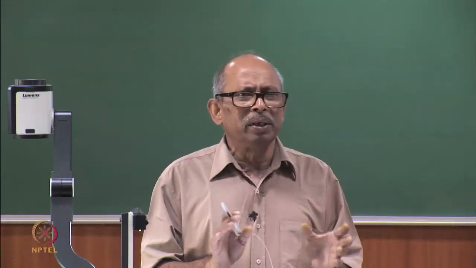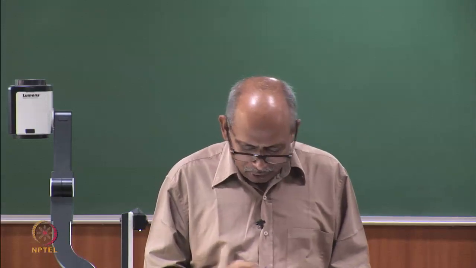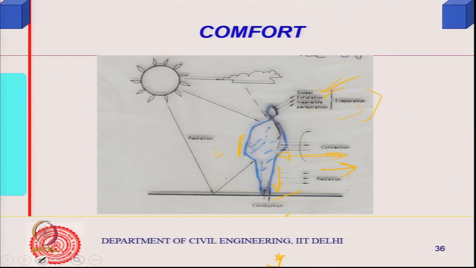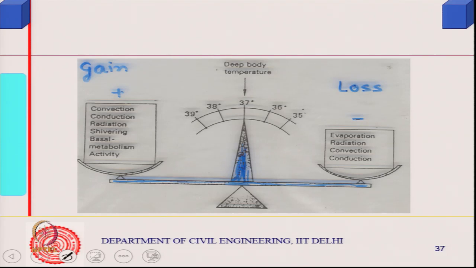Doing all this, the body tries to maintain the deep body temperature at the required level, that is 37.4. The losses are by evaporation, radiation, convection and conduction. The gains are by convection, conduction, radiation, shivering and metabolic activity.